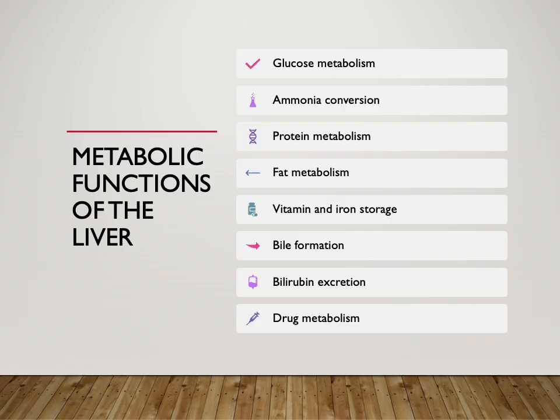So the liver's job is to convert this into urea, and it's excreted through the digestive tract. You basically kind of poop it out and get rid of it. But again, how does this affect my client and my patient? If their liver is not working, what you end up seeing is a buildup in ammonia, and because the liver's not able to do its job, the client can be confused and get what we call hepatic encephalopathy because the liver is no longer converting ammonia like it's supposed to.